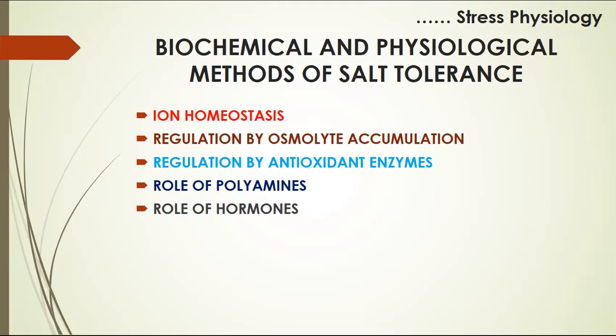Diamine putrescine, that is PUT, then triamine spermidine, that is SPD, and tetraamine spermine, that is SPM. These are the types of polyamines.